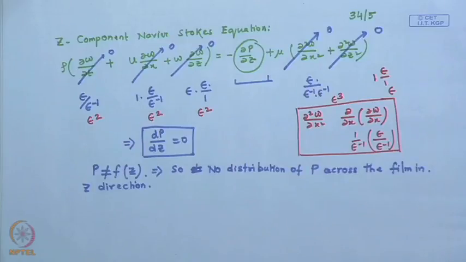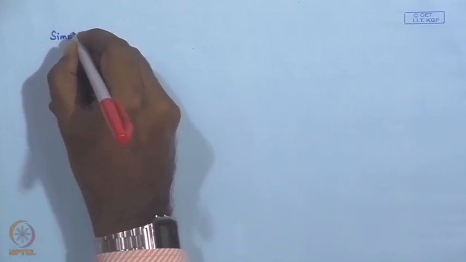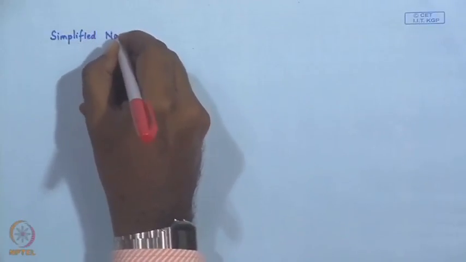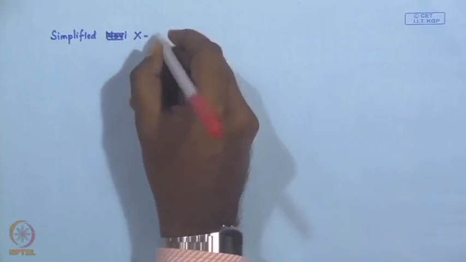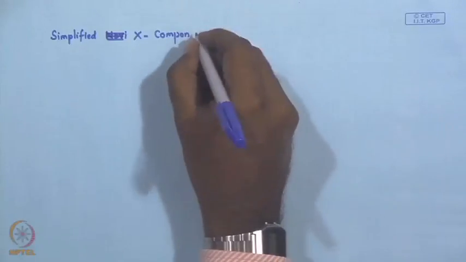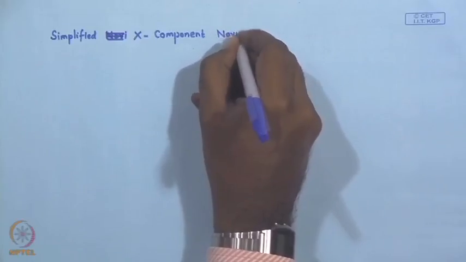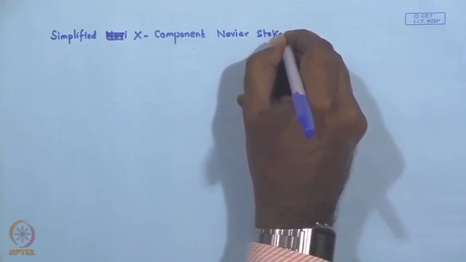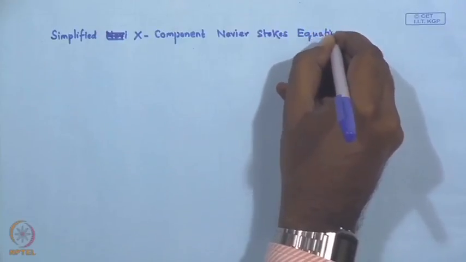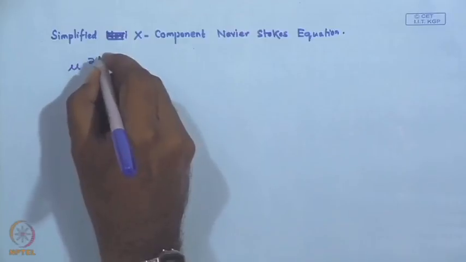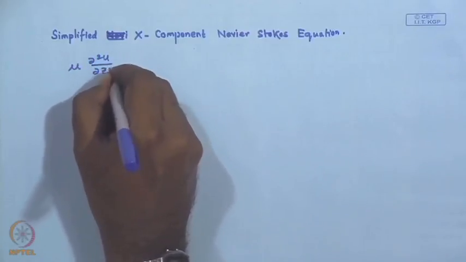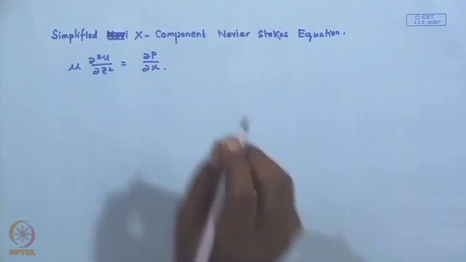So, now that sort of brings us back to the governing equation, which is this, we go back to this equation, which is the simplified x component Navier-Stokes equation, which is mu into del 2 u del z square equal to del p del x.